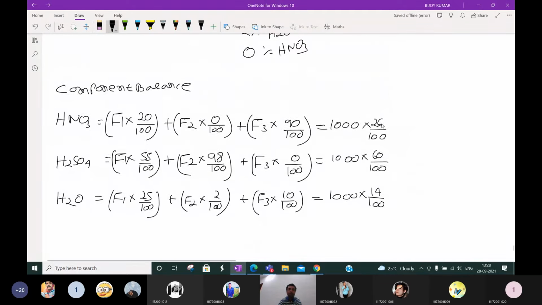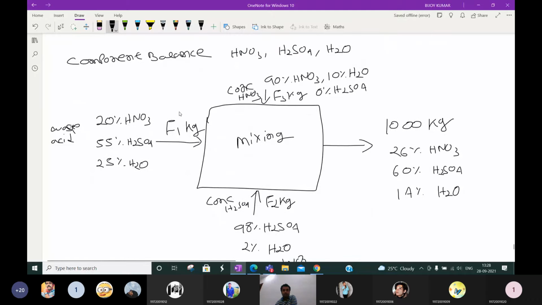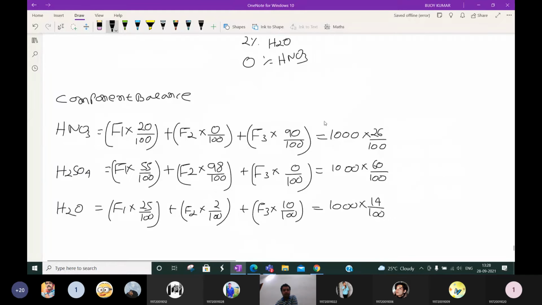For the overall material balance, first we draw this diagram and represent the composition percentages, what is present. Then we did the overall material balance and the component material balance.